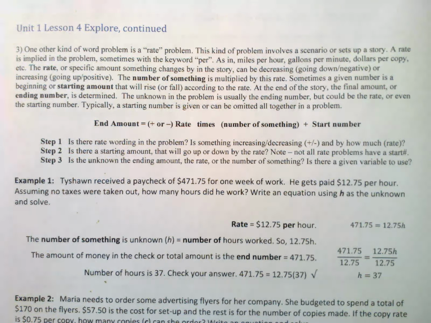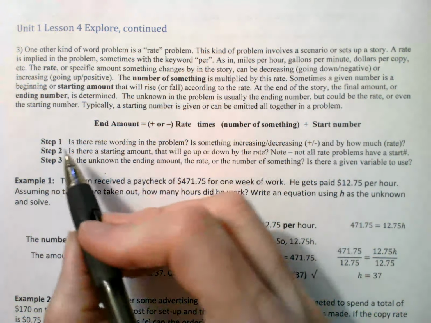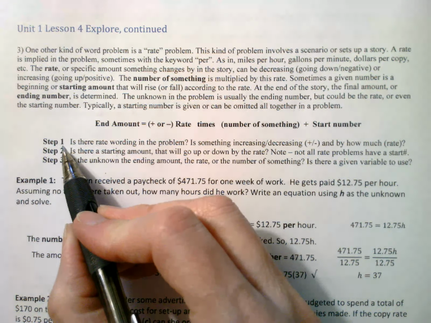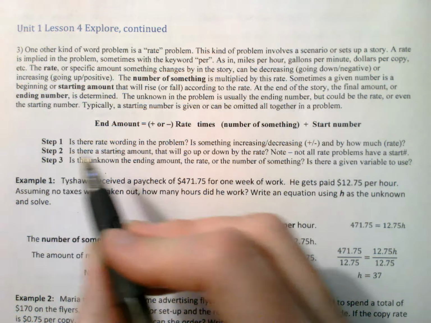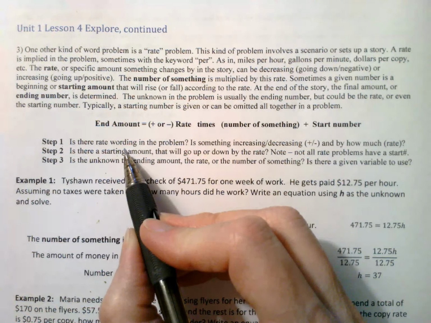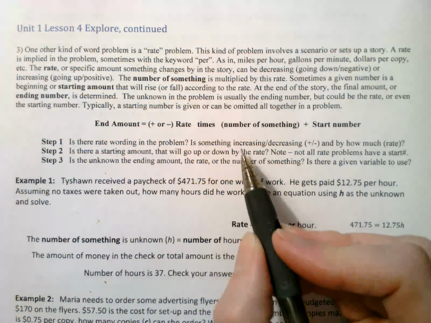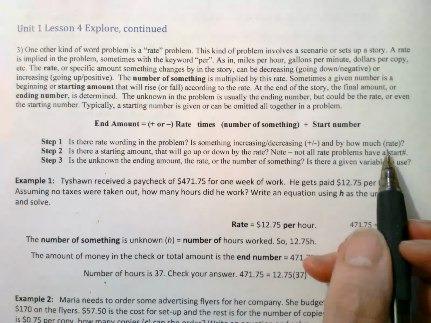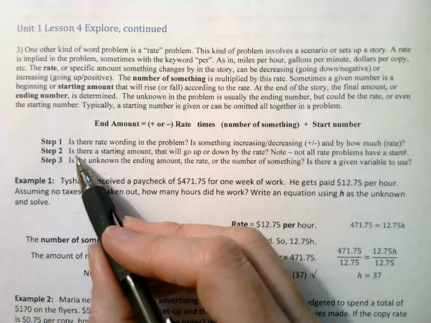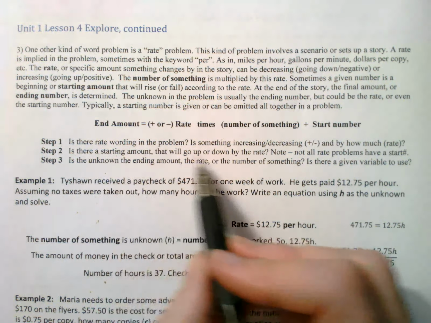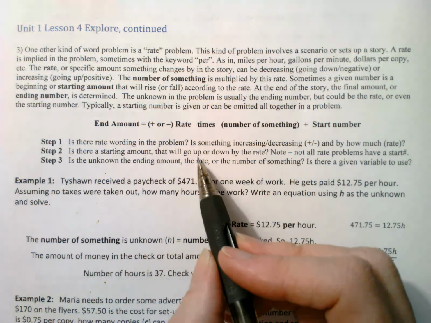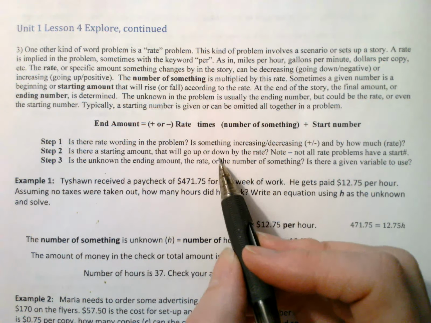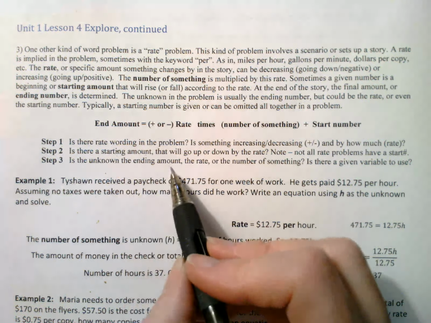Okay, so we have to figure out if it's a rate problem. Is there rate wording in the problem? Maybe something's increasing or decreasing. By how much would be the rate. And then if you have a rate, you might want to consider whether you're having a start amount or not, and then the ending amount.